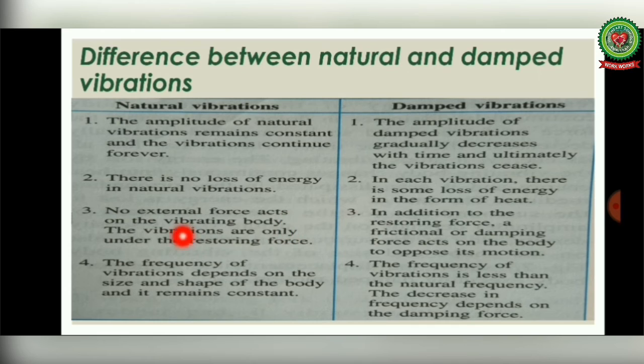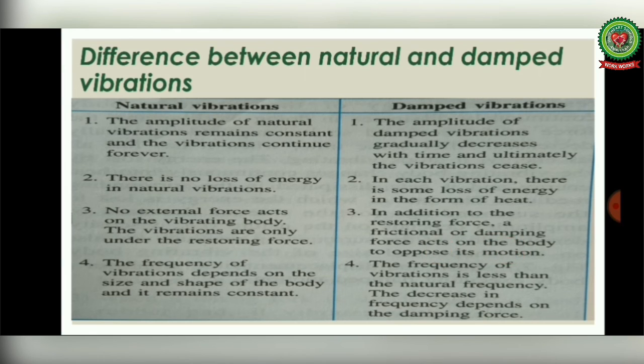No external force acts on the vibrating body and the vibrations are only under the effect of restoring force, whereas in damped vibrations, in addition to restoring force, a frictional or damping force, that is a resistive force, also acts on the body.